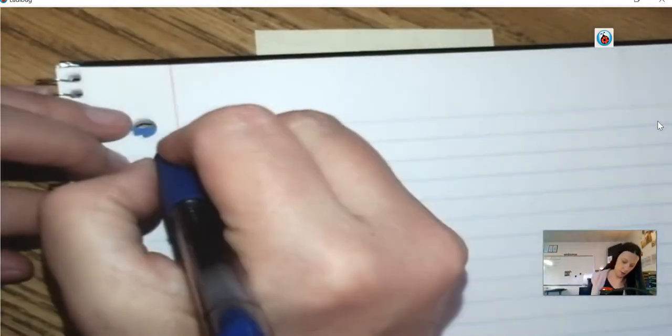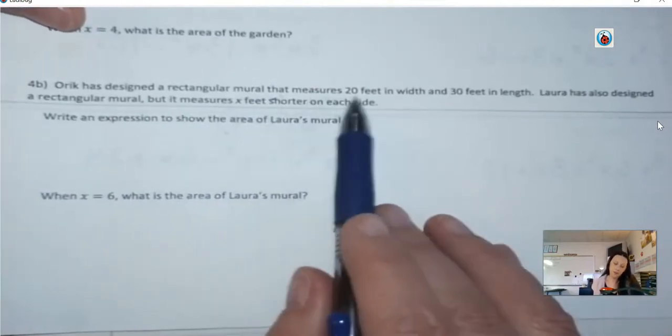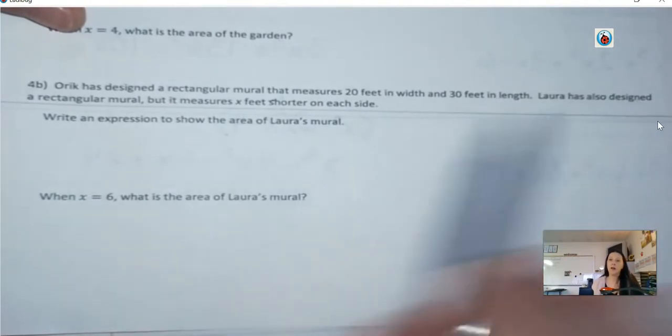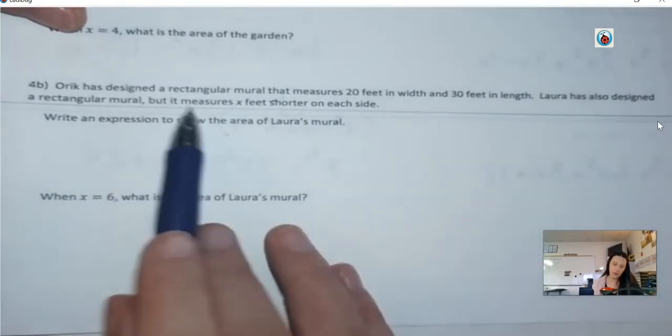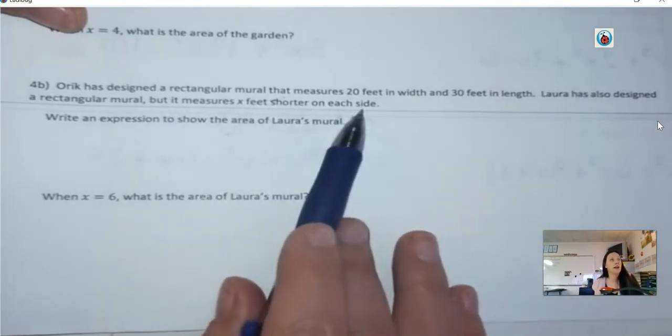Okay, word problem 4b. Oric has designed a rectangular mural that measures 20 feet in width and 30 feet in length. Laura has also designed a rectangular mural, but it measures x feet shorter on each side.